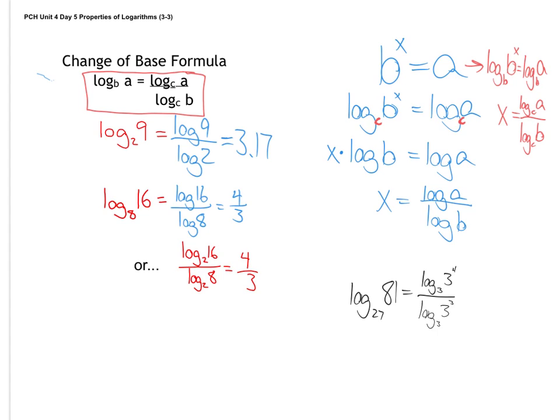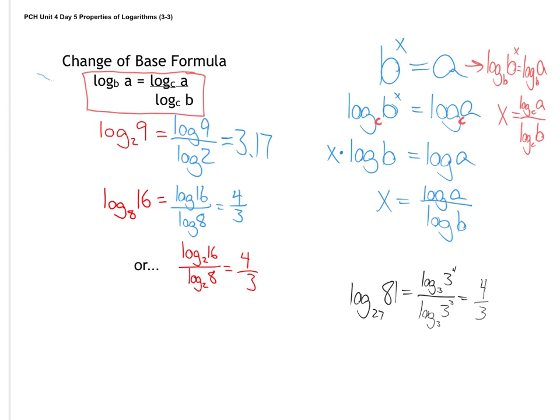Because 81 is 3 to the 4th and 27 is 3 cubed. So this would be 4/3. Okay? So that's one way we can use the change of base formula to very easily evaluate some of these without even using the calculator.